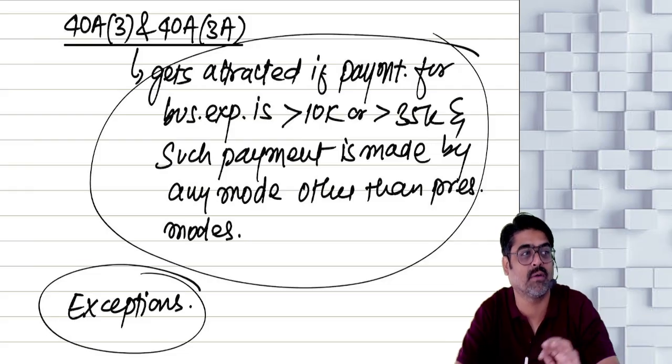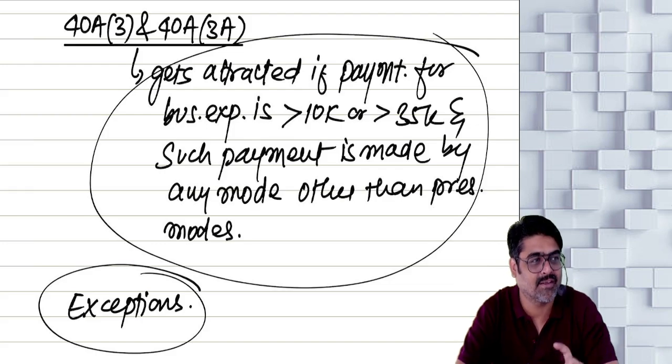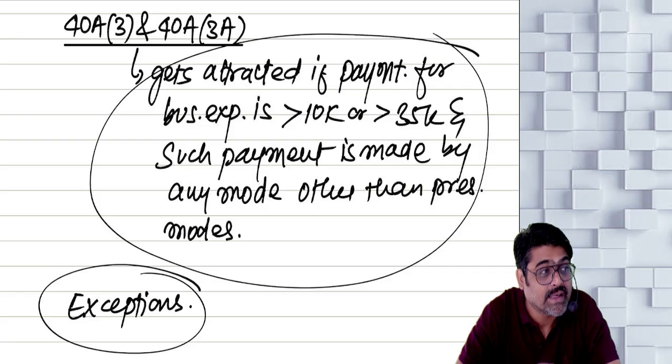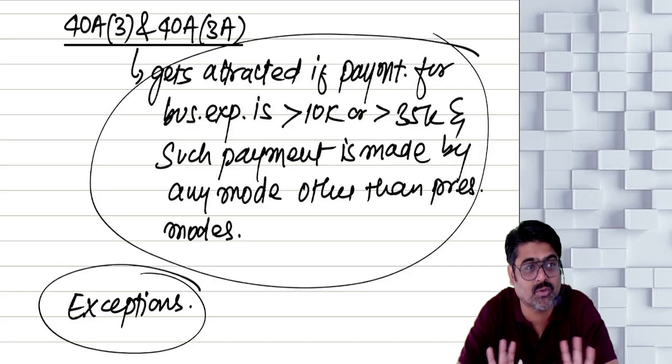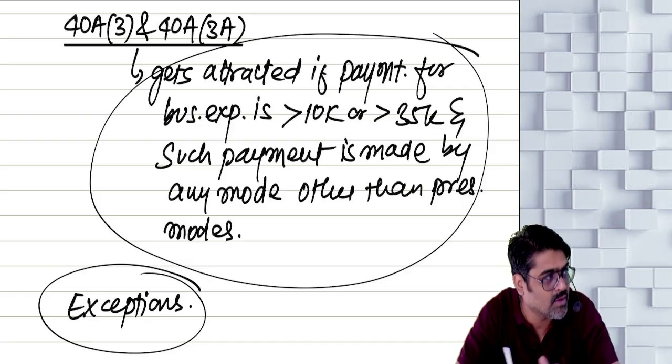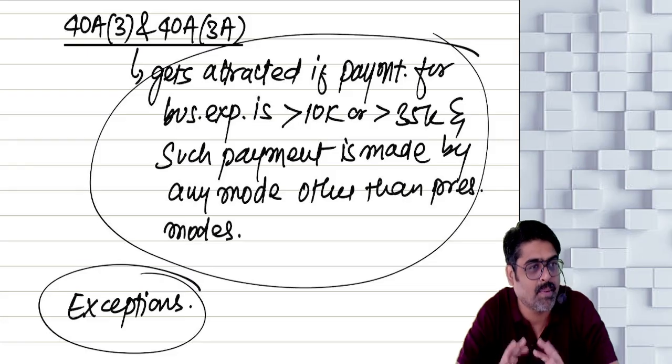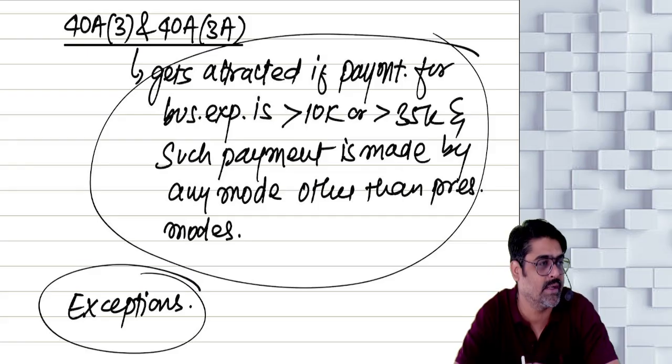Your answer will be wrong. Why? Because in the question, the exception was asked. In the exceptional cases, you are not supposed to apply 40A(3), 40A(3A). The expense will not be disallowed, and the payment will not be treated as deemed PGBP income in these exceptional cases.